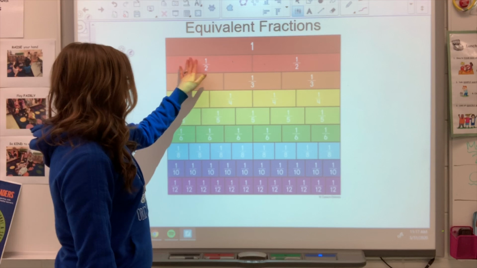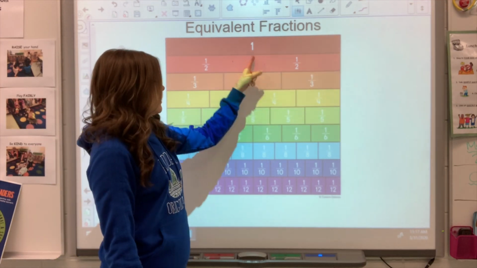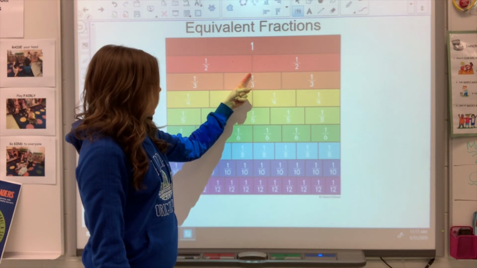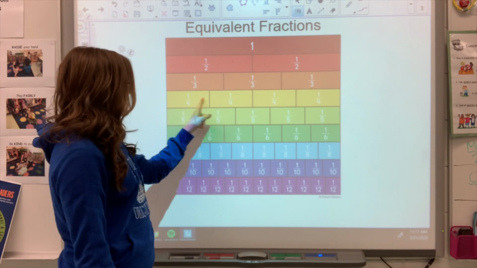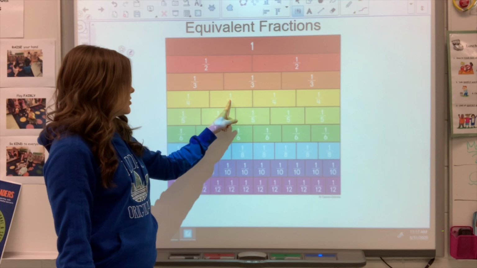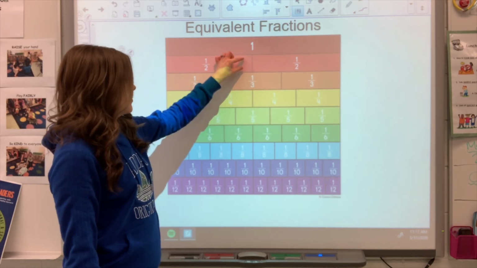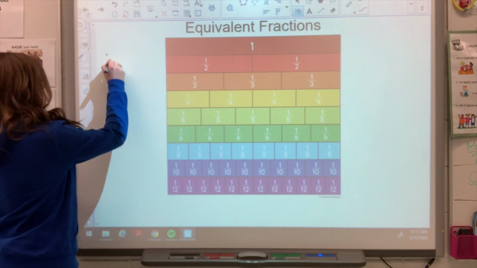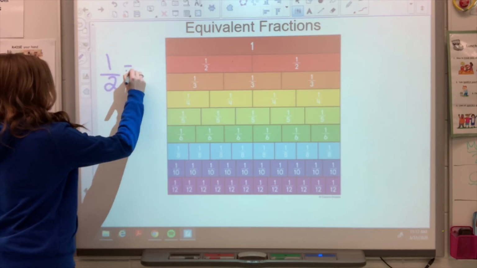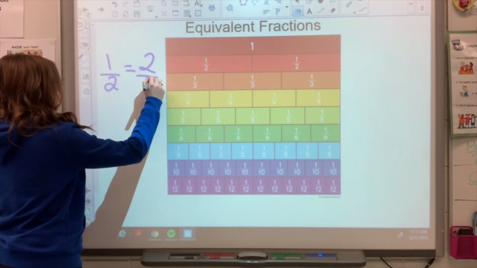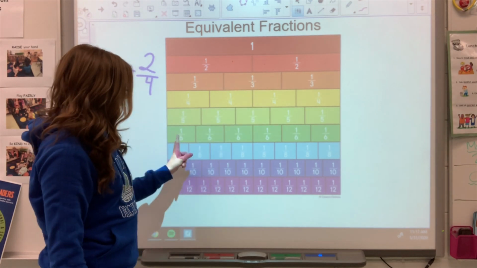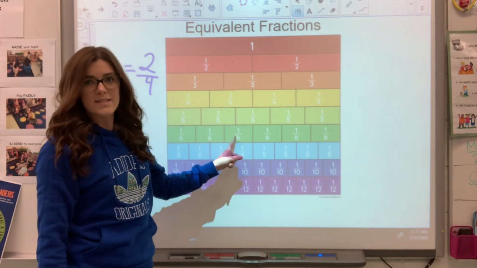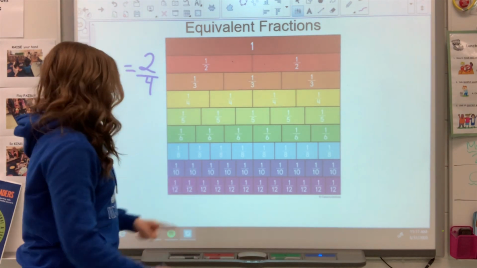So I have a half here and 1/2 here. If I go down and see what also equals 1/2, I can stop here at my quarters and I can see that 2 quarters is equal to 1/2. So 1/2 is equal to 2 quarters. And then if I keep going down here, I can see that 1, 2, 3/6 is also equal to 1/2.